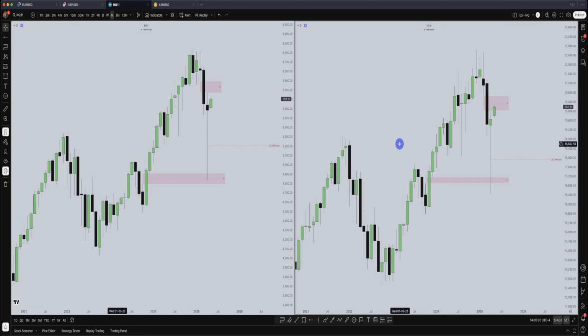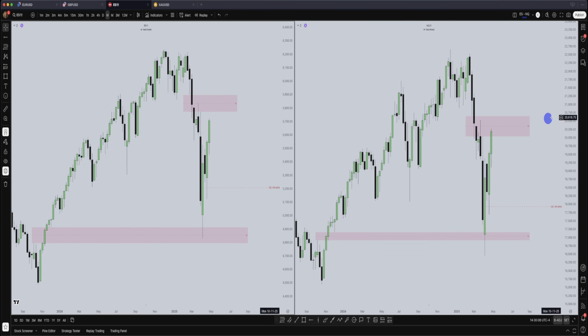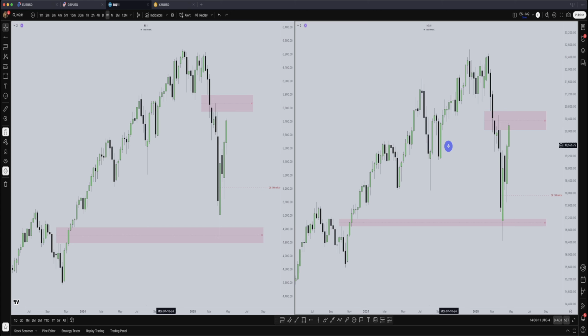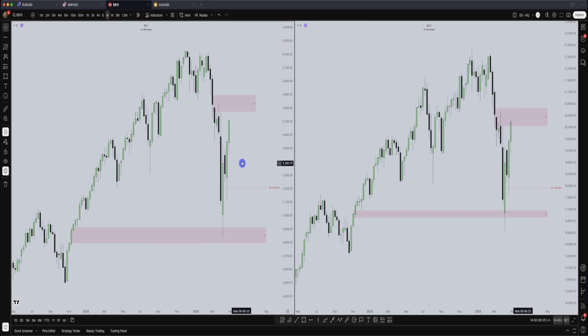So let's go to weekly. You can see here it perfectly matches.